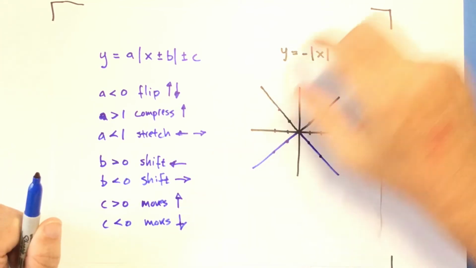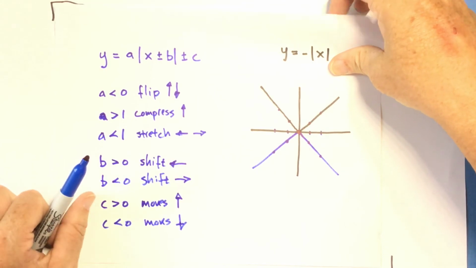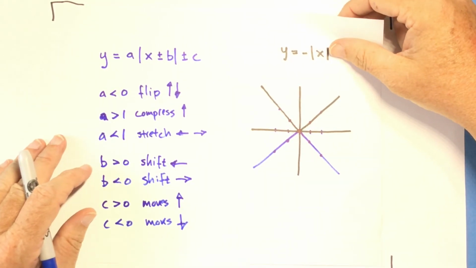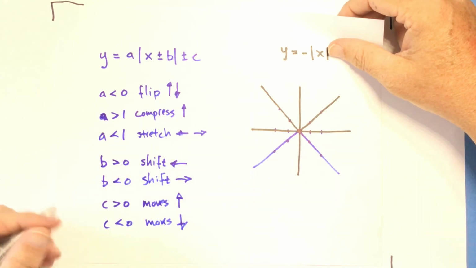So, having said all that, let's look at a more complicated one that involves all of these things, shall we? Okay, hang on, I need to grab some paper. All right, then.